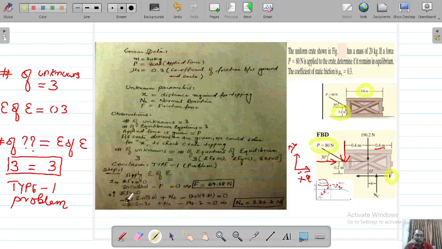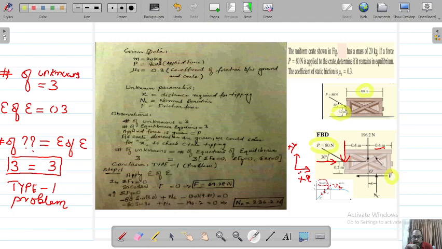Now we apply sigma Fy equal to 0. We have the component 80 sin 30, but its direction is against the positive y-axis, so we write minus 80 sin 30. Then we have the normal reaction, whose direction is towards the positive y-axis, so we write plus Nc.